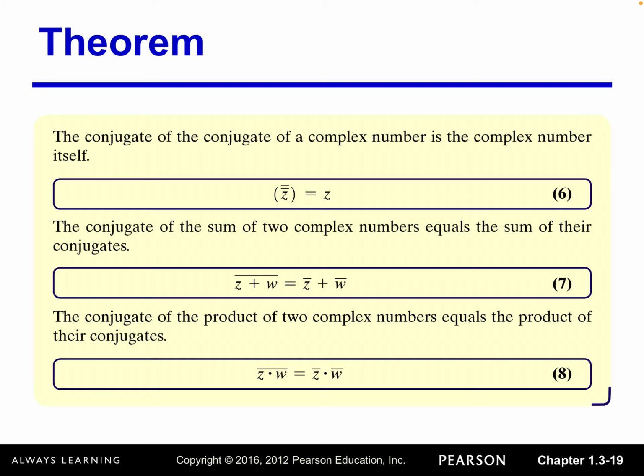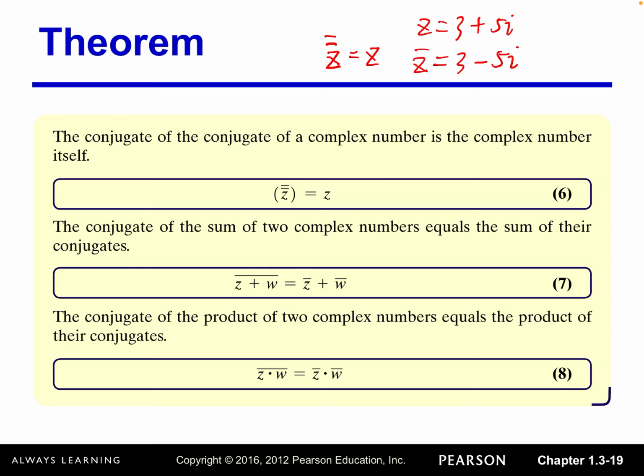And we're going to study a few more theorems. For a complex number, if we take the conjugate two times, it goes back to the original complex number. Think about it, does that make sense? Let's use a concrete example. If z equals 3 plus 5i, then z bar will be 3 minus 5i, right?